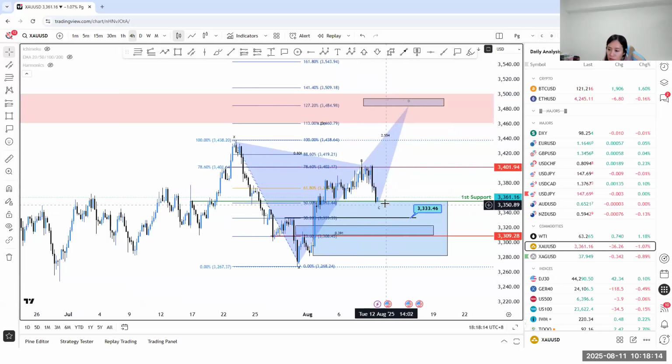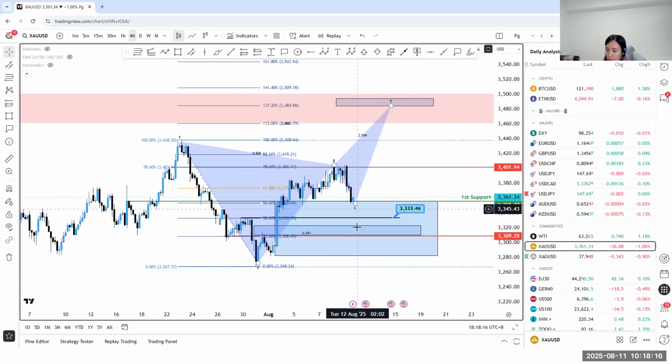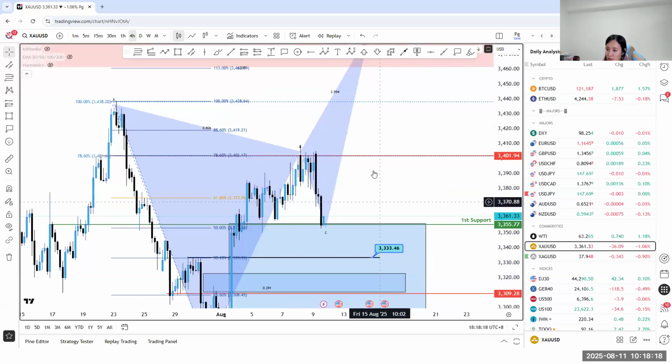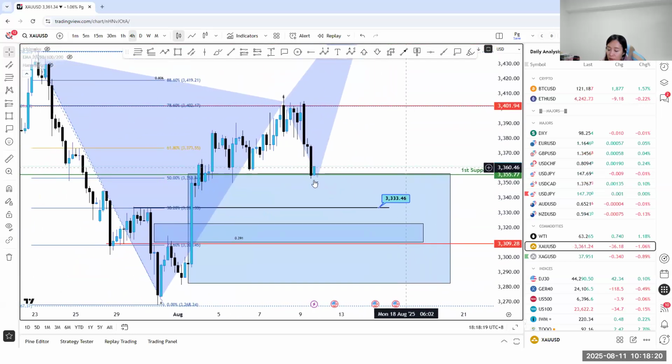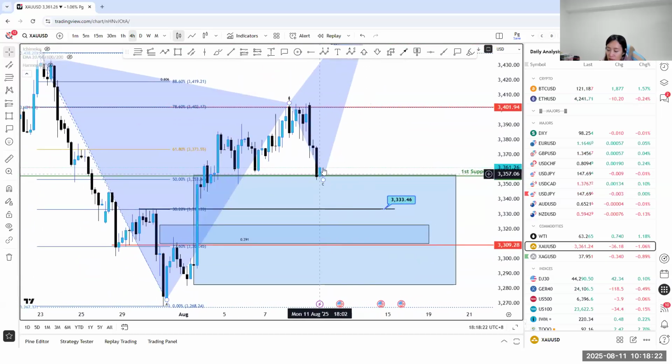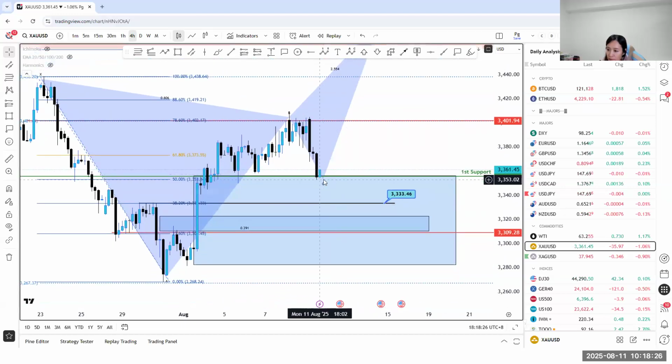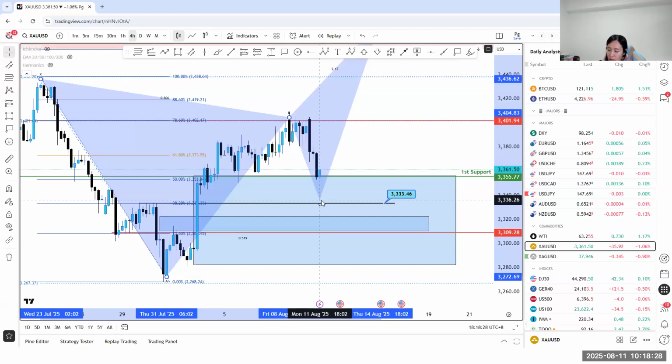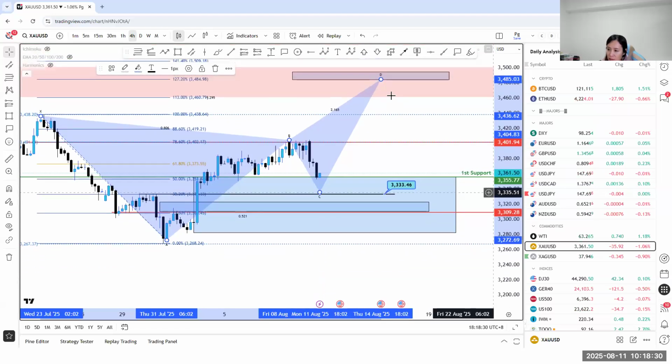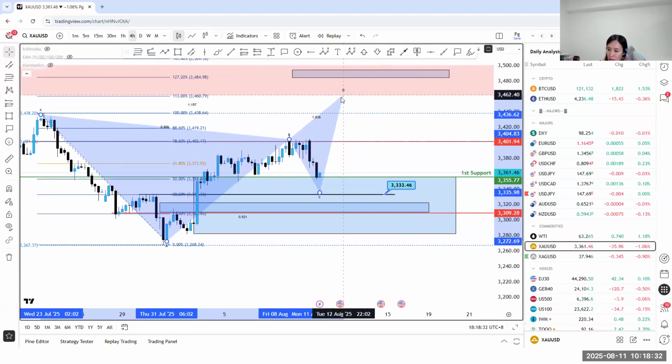But because this is a higher time frame, price hasn't finished. I mean the candle, it could go all the way up here. If they go all the way here, then the delay is going to be even shorter. So we need to see whether they're going to bounce from this level.